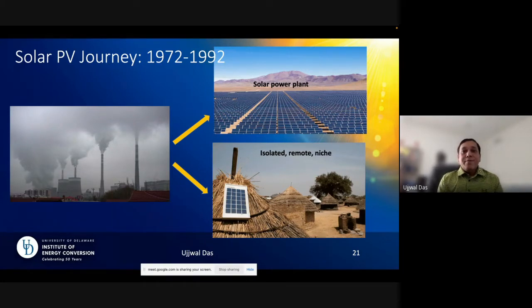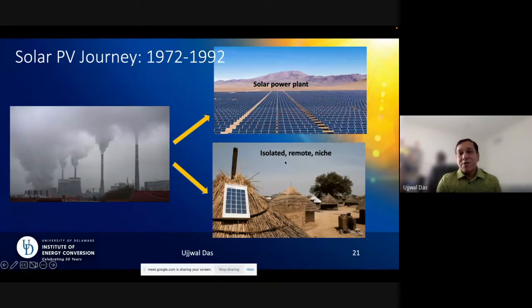And then if we fast forward to 1992, by the time I joined as a research fellow in Jadavpur, there are already some solar product, and there are two types.